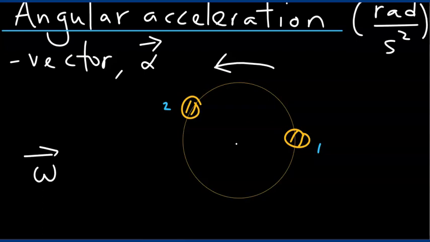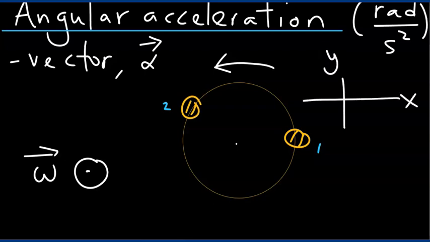So let's denote that with a dot. If the plane of motion is x, y, then the direction of the angular velocity is along the positive z-axis. A dot like that is the convention that we use to denote direction out of the screen, out of the plane towards you.